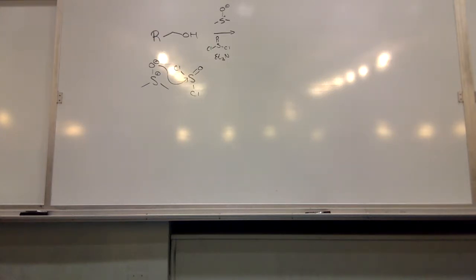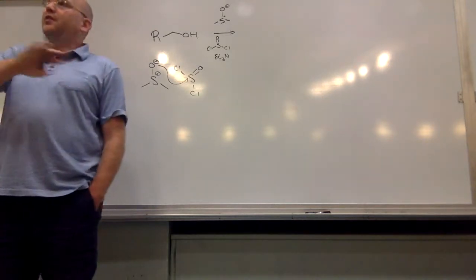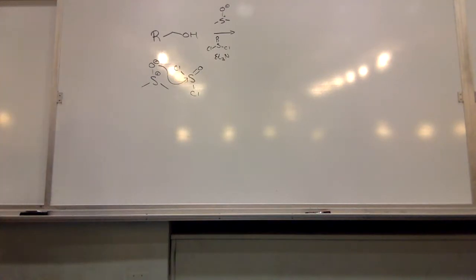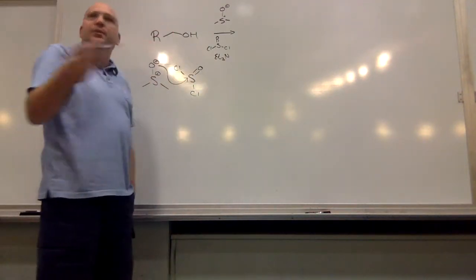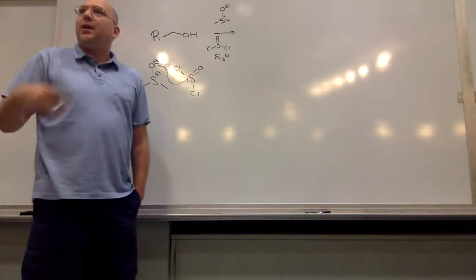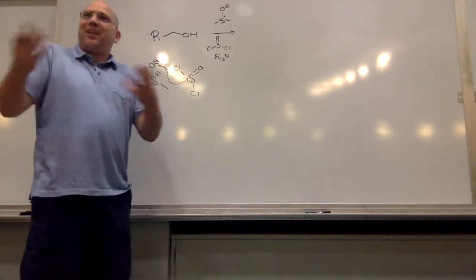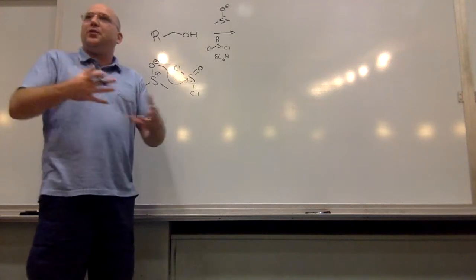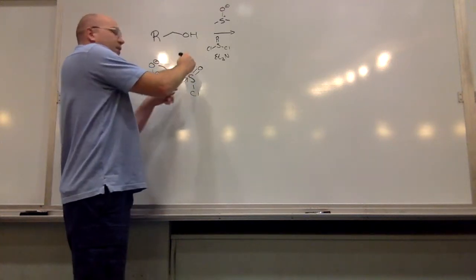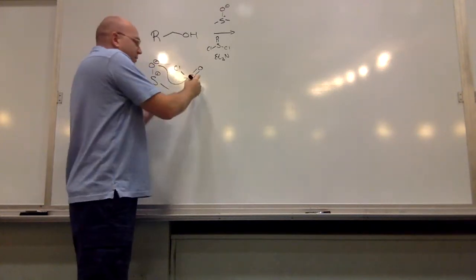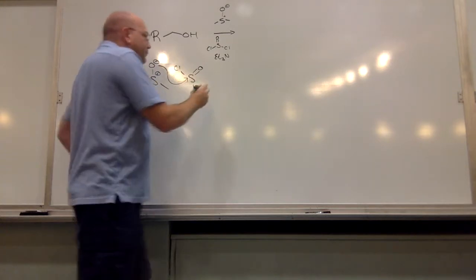If it's confusing, don't worry about it too much. It's a little different with sulfur than with carbon. You don't actually have to push electrons up into the S=O, although sometimes I do that by habit, because we're so used to it with carbonyls. But you don't need to for this one.